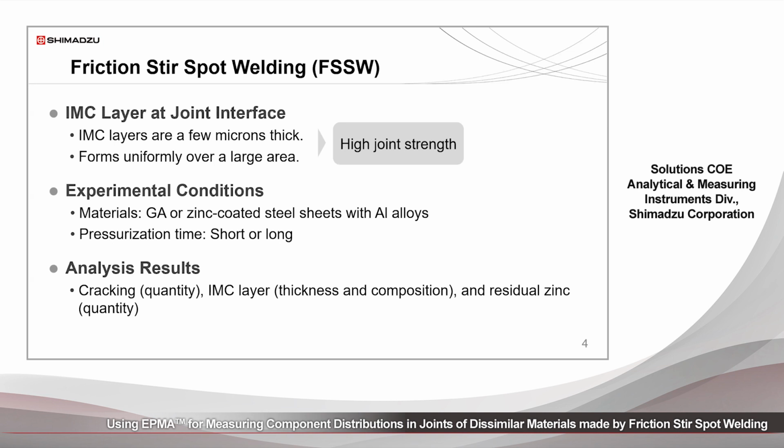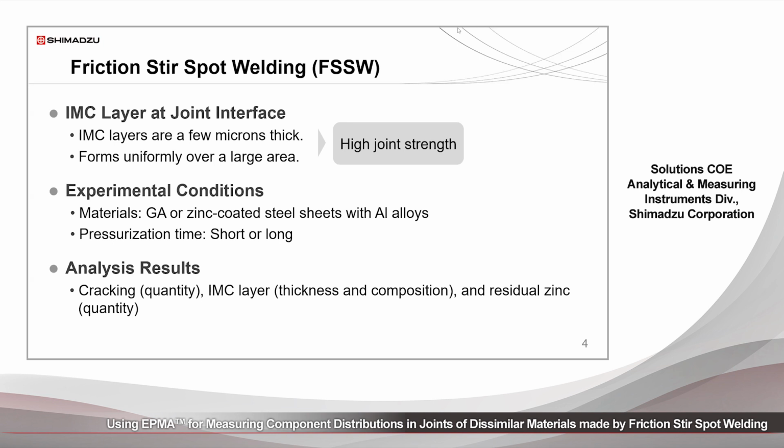Some of the results that we will collect by probing the joint with the EPMA include the cracking content of the IMC layer, the IMC layer thickness and composition, as well as any residual zinc within the IMC layer itself and where that residual zinc is spatially located within the joint.